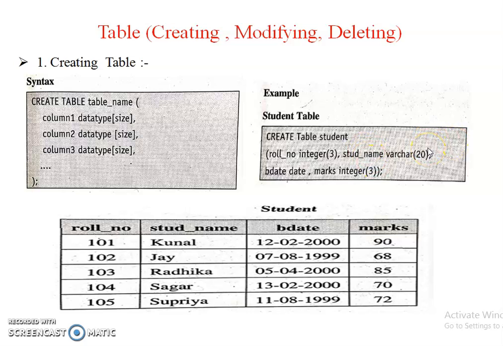Then the date field will contain the date data type value of standard date length. For date, no need to mention the size. And the marks field will contain numerical value of maximum 3 digits.